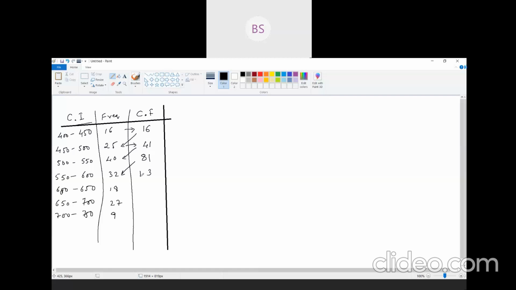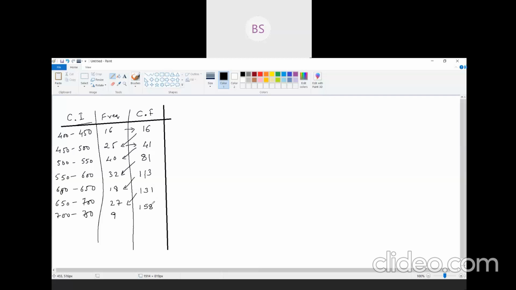Next 81 plus 32 will give us 113. Then 113 plus 18 is 131. 131 plus 27 is 158.